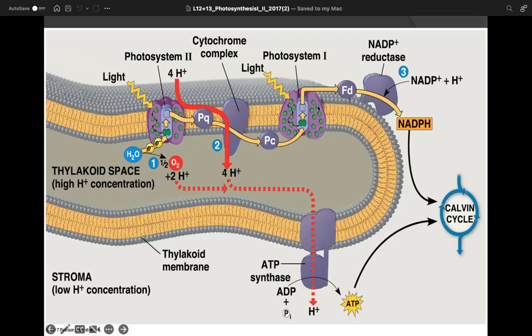This one is called ferredoxin, and you can see here that this high energy electron passes through NADP reductase, and a hydrogen comes off to make NADPH. NADPH is going to be used to continue making energy in the next part of the cycle.